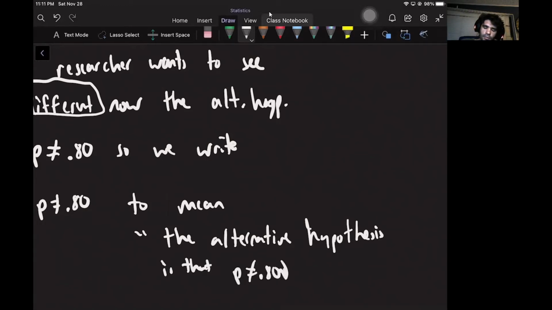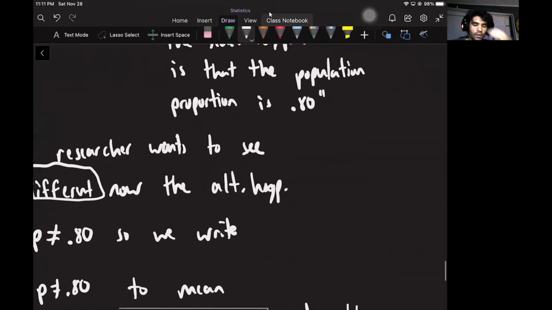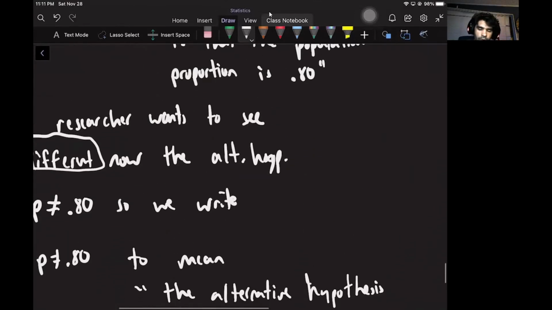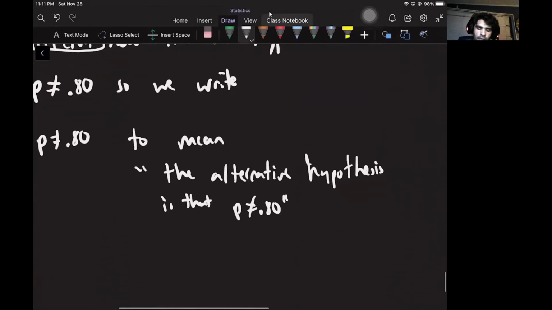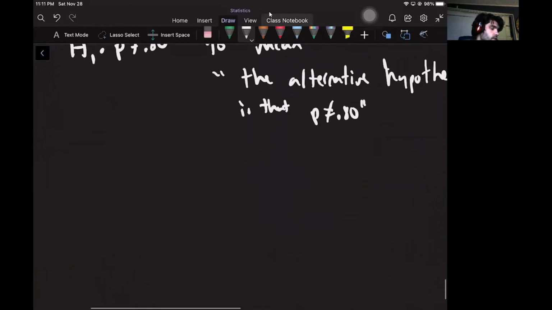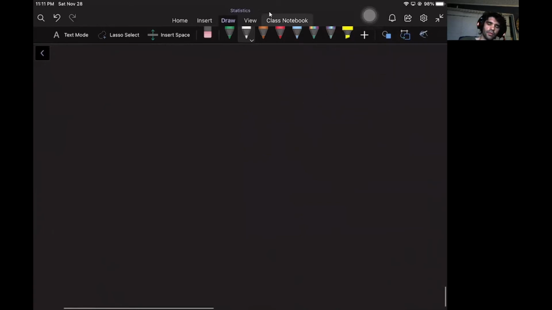The population proportion is not 0.80. Okay, so I didn't use the letter up there, but same thing. Okay, and that's it. So let's try doing that for a couple more examples.